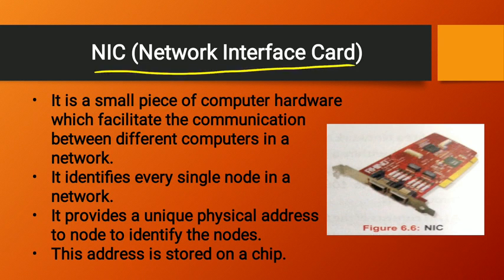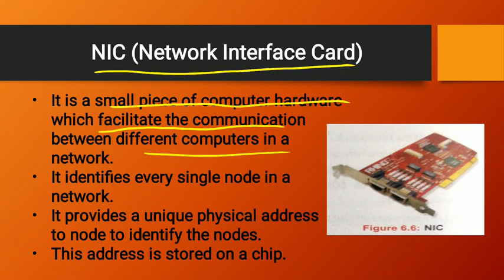The full form of NIC is Network Interface Card. It is an interface card that is used to make a connection between two computers. It is a small piece of computer hardware which facilitates communication between different computers in a network. So it is basically used to make communication between two or more computers in a network.